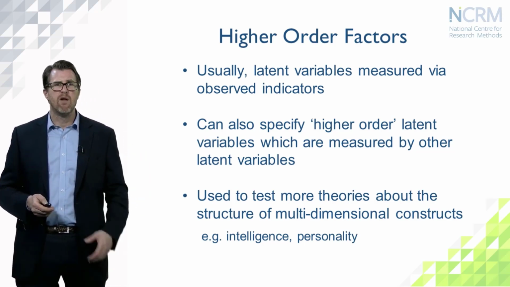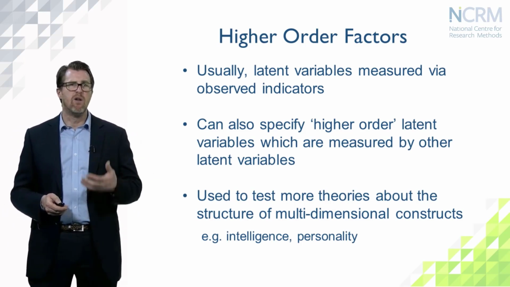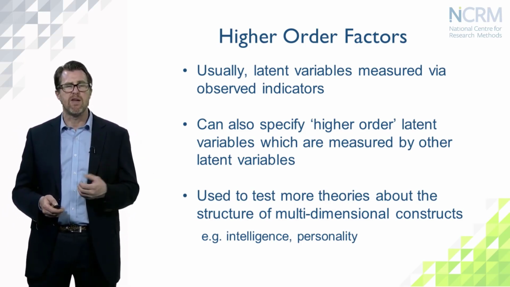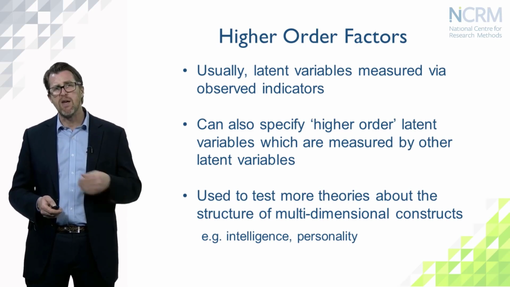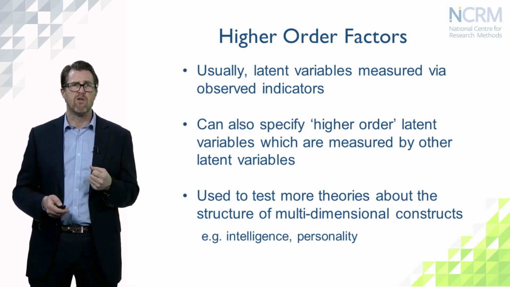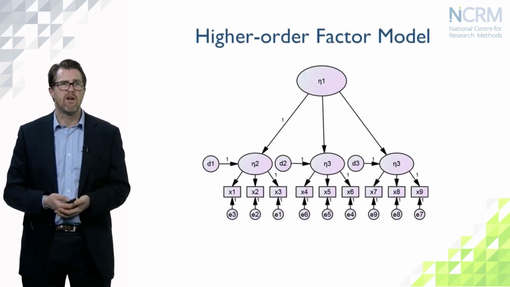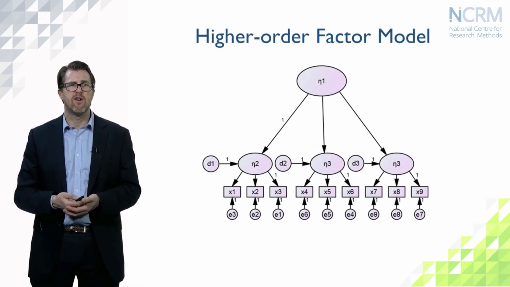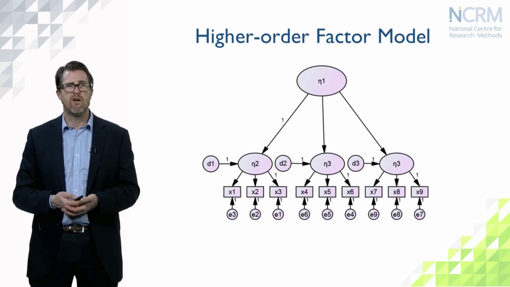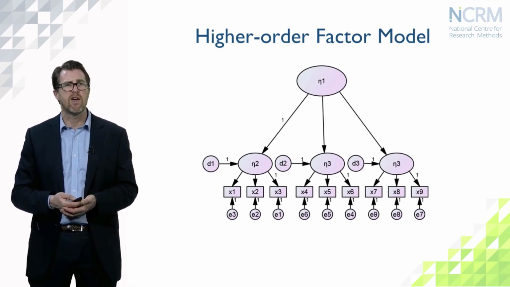So intelligence, personality and so on, higher order factor models can be useful. They can also be applied in a longitudinal context. So here's what a path diagram for a confirmatory factor model with a higher order structure would look like.